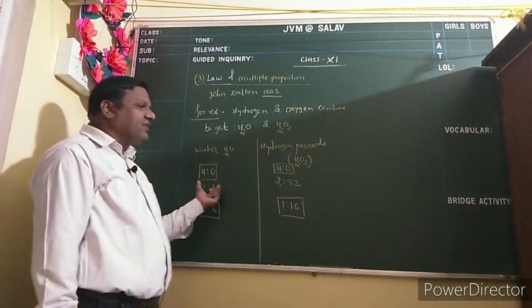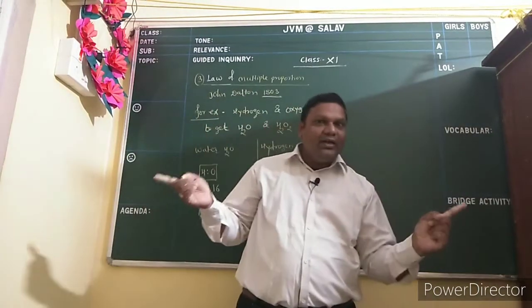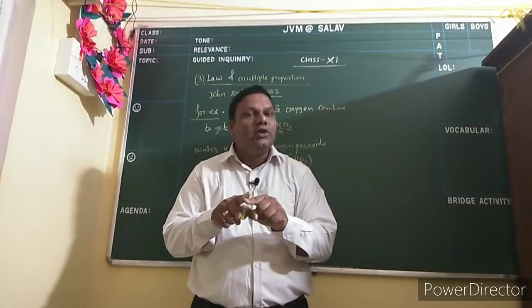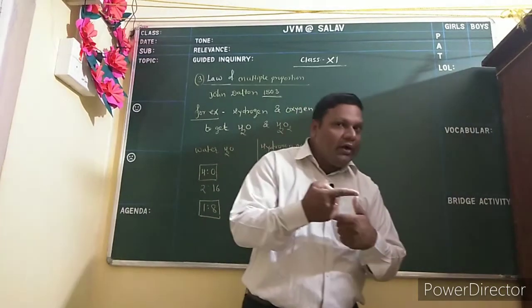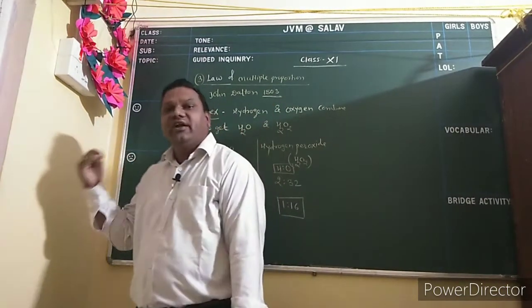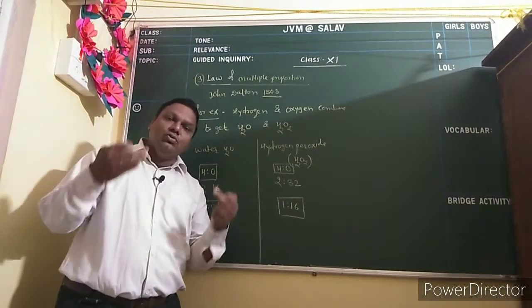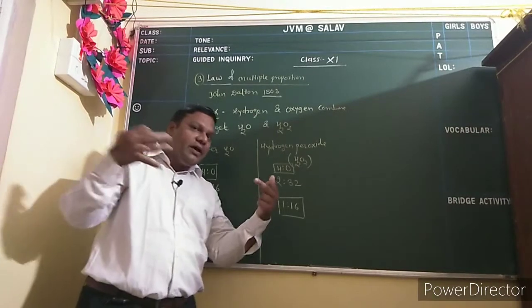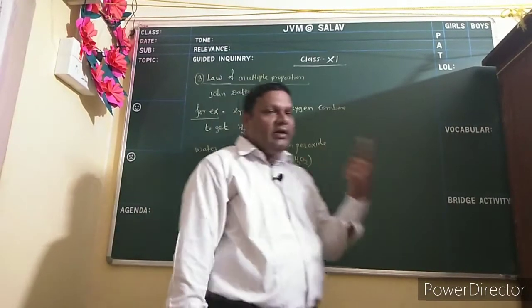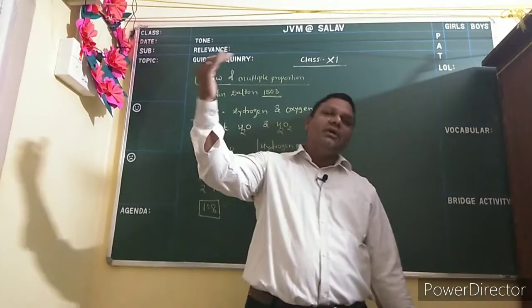So it simply says that when two different elements combine with each other to form more than one compound, the proportions are also different, that is multiple. But when these two elements combine and you get only one kind of compound, whatever the source, the proportion remains the same.